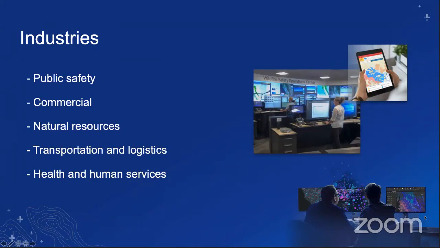Some of the industries that are well positioned to benefit from ArcGIS Mission are industries like public safety. By public safety, we mean law enforcement agencies, fire department agencies, and emergency management agencies, and similar organizations that can use ArcGIS Mission to improve event management and field operations.